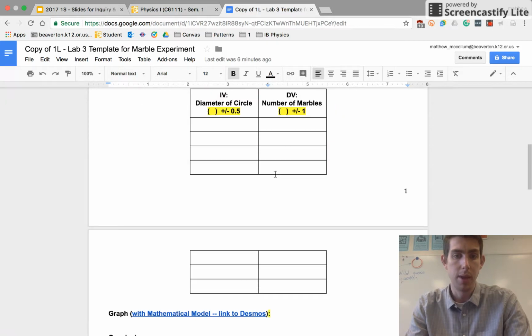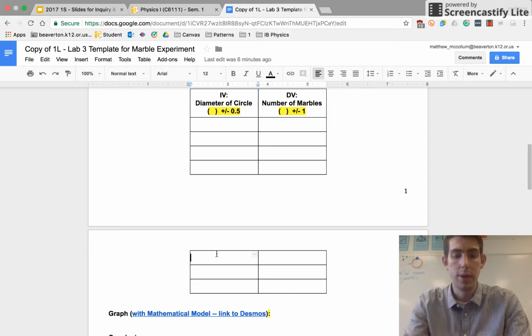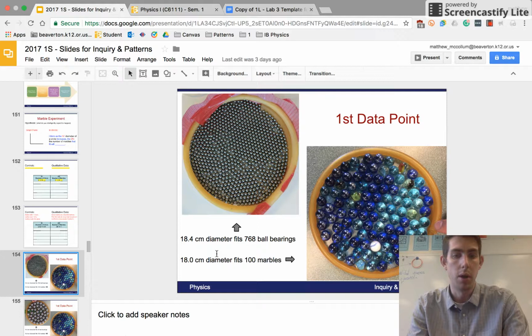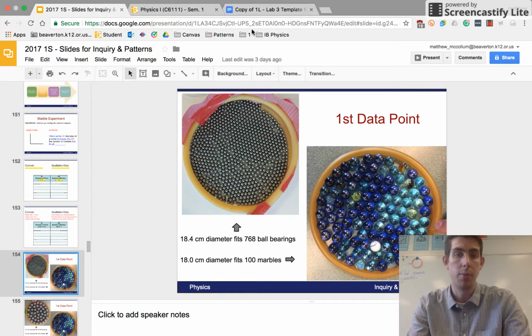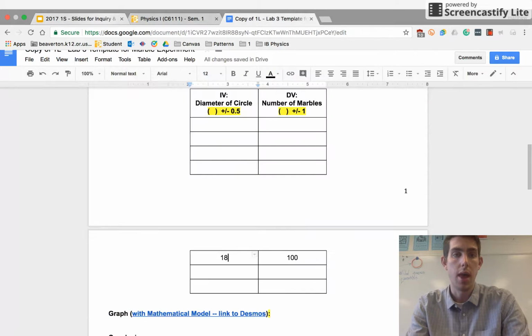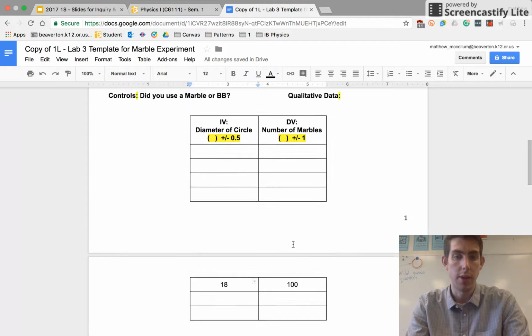It's going to be the biggest data point, so I'm going to go down to the fifth one, and it was a diameter of 18 centimeters, and 100 marbles fit in there. Now, if you were a group that was the BBs, which are, again, the people who are on the corner there, you would choose this 18.4 centimeters and 768 ball bearings. So you would do that scale.